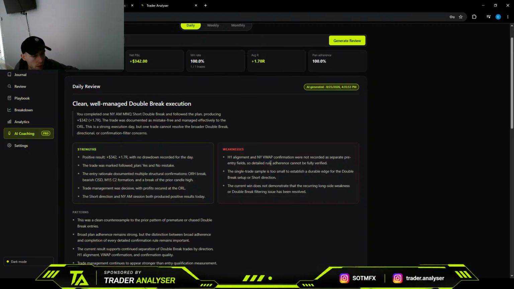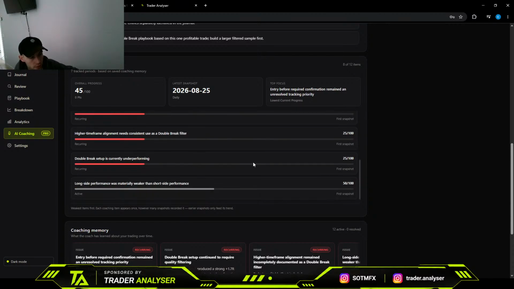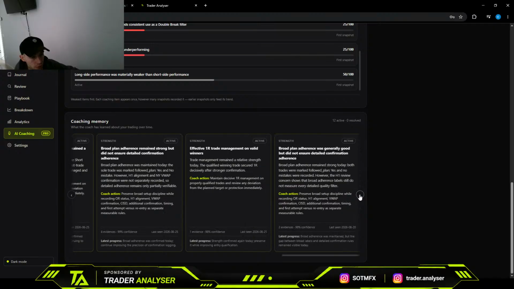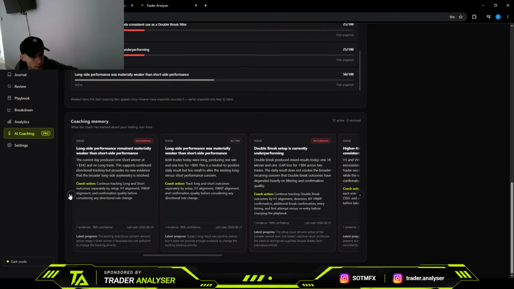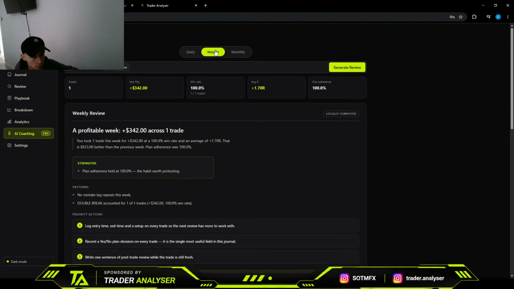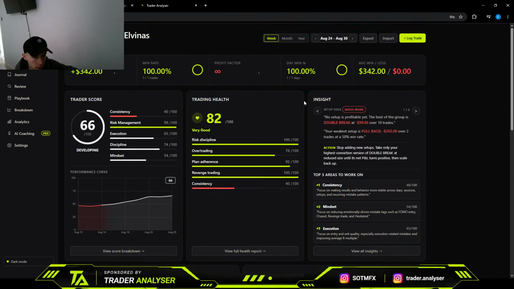Weakness: H1 alignment and no confirmation were not recorded as separate pre-entry fields, so the detailed rule cannot fully verify the single trade. Sample is too small to establish a durable edge for the double break at long or short direction. I mean, everything is here. So this is the issues, right? So for the month, I have 13 trades, right? So everything is here.